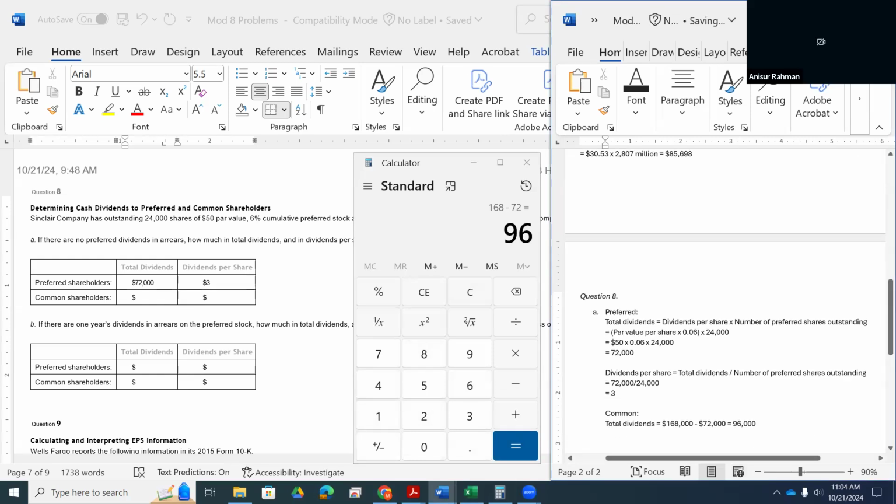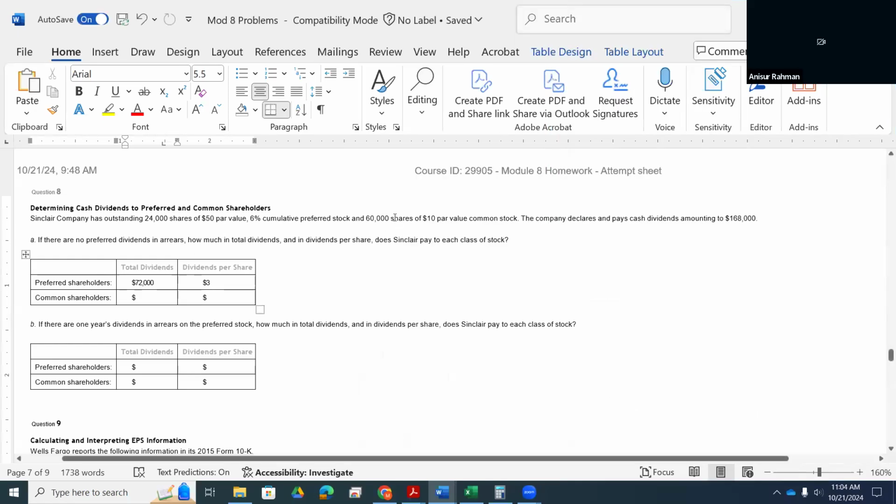And dividends per share is, as before, total dividend divided by number of common shares outstanding. So 96,000 divided by common shares outstanding, 60,000.